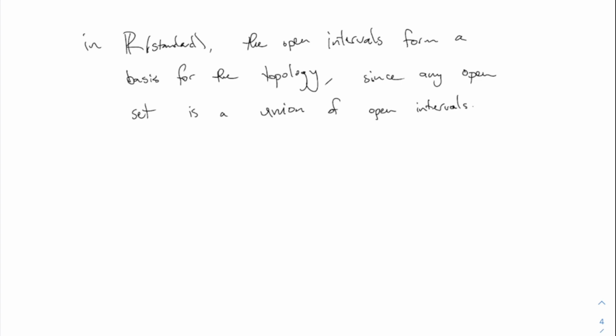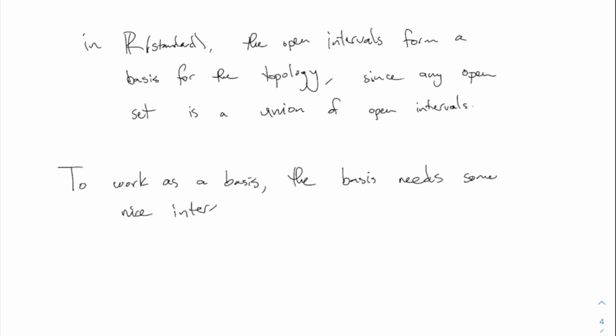When I say any open set is a union of the basis sets, this will automatically work for any set of basis sets, just because any union of open sets is going to be an open set anyway. But I haven't said anything about the intersection. So to work as a basis, the basis needs some nice intersection property.